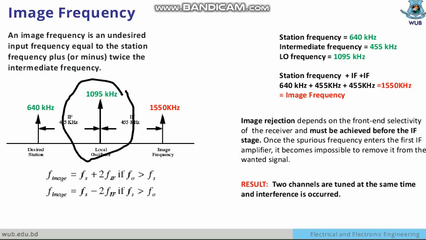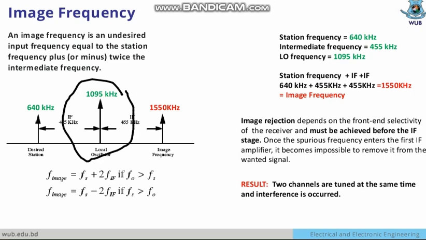That means we first take Fo plus Fs, and then Fo minus Fs. So the image frequency is like that. It is one kind of folding frequency. On the two sides there are two frequencies: one is the image frequency and the other is the desired station frequency. The difference between Fs and Fo is the desired frequency in a narrow band situation, for better quality.